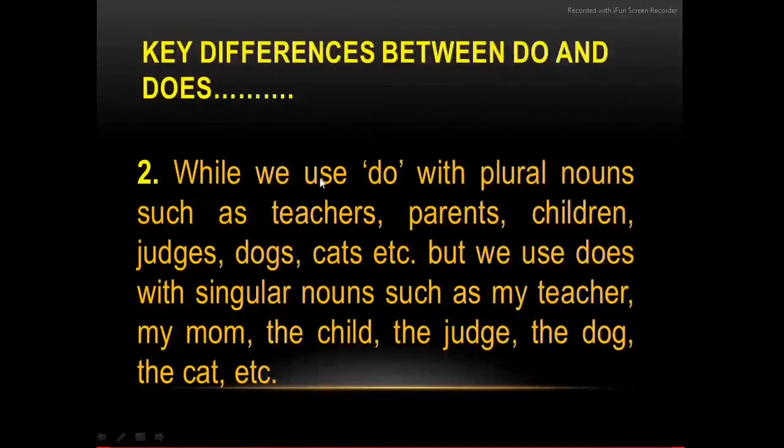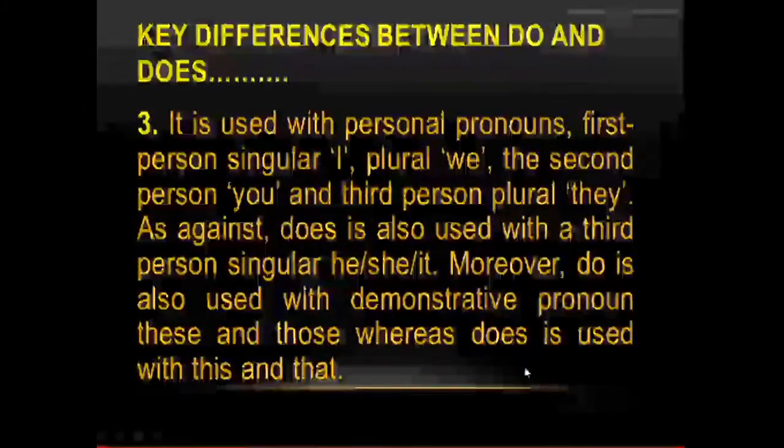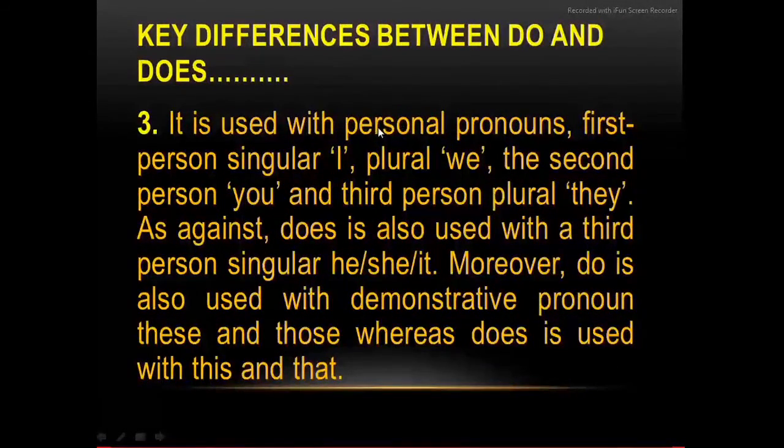2. We use do with plural nouns such as teachers, parents, children, judges, dogs, cats, etc., but we use does with singular nouns such as my teacher, my mom, the child, the judge, the dog, the cat, etc. 3. Do is used with personal pronouns, first person singular I, plural we, the second person you, and third person plural they.